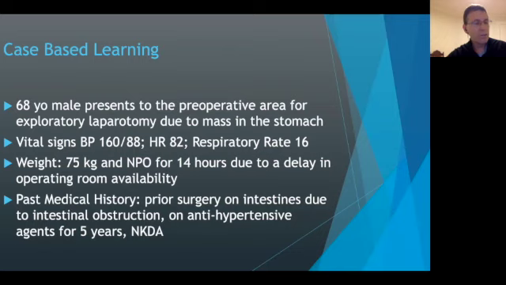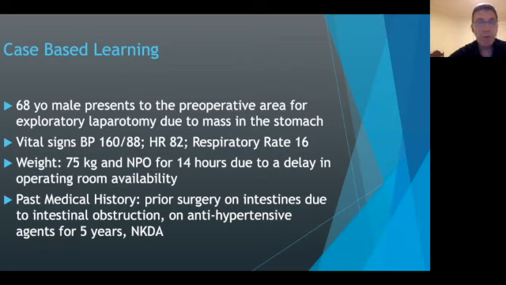You should never start a case without getting the baseline vital signs: the heart rate, the blood pressure, and the respiratory rate. If you do have pulse oximetry, that's a good thing to use as a baseline. That's his weight.